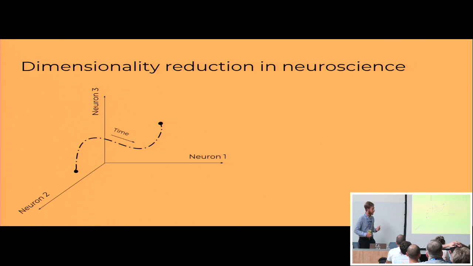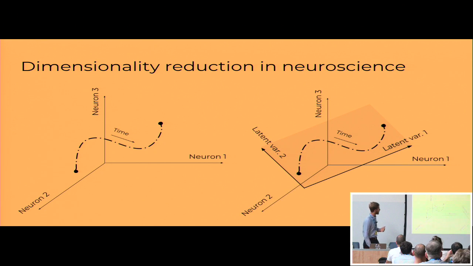But then it's not hard to imagine: can this trajectory explore every corner of neural space? The answer is probably no, and the reason is that neurons are embedded and connected in a network. So probably there are constraints related to their connectivity that prevent them from going exactly anywhere they want in neural space. In the simplest scenario, you can imagine that, for example, this trajectory lies on a 2-dimensional plane embedded in this higher dimensional space.